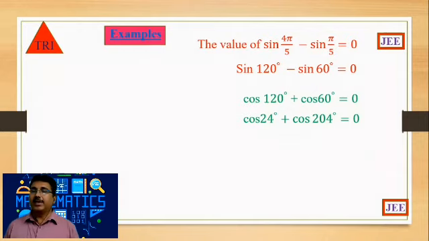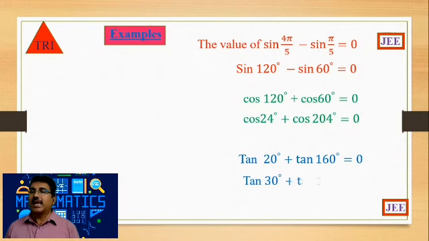The value of cos 24 degrees plus cos 204 degrees is equal to 0. Now, what is the value of tan 20 degrees plus tan 160 degrees? Here also, A plus B is equal to 180 degrees, so its value is 0. Similarly, tan 30 degrees plus tan 150 degrees is also equal to 0.